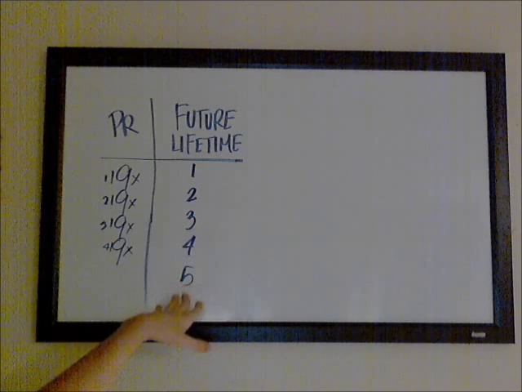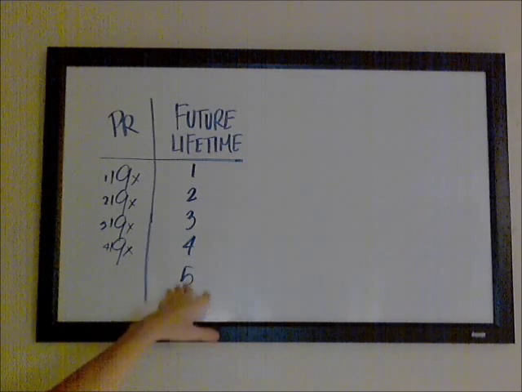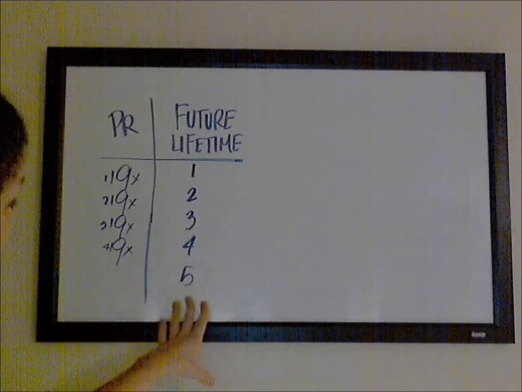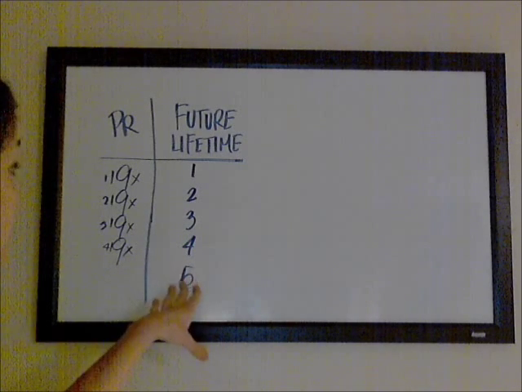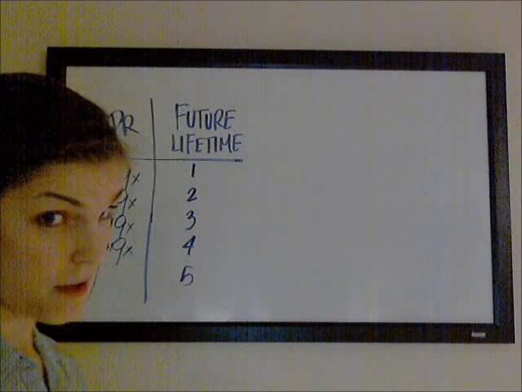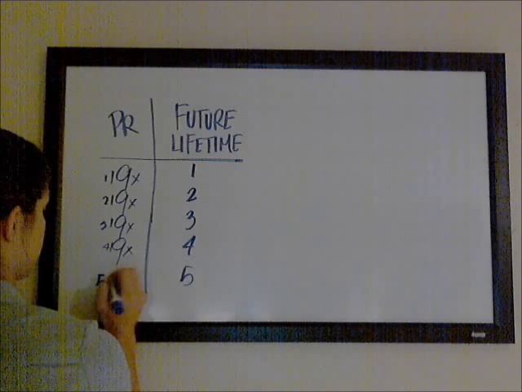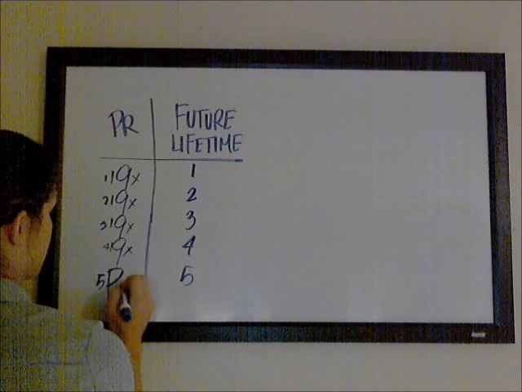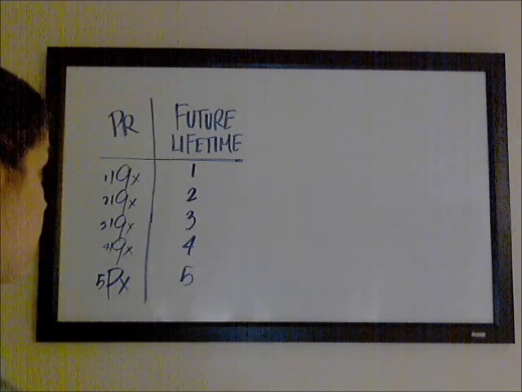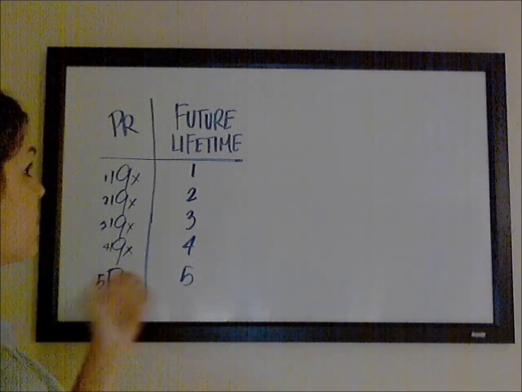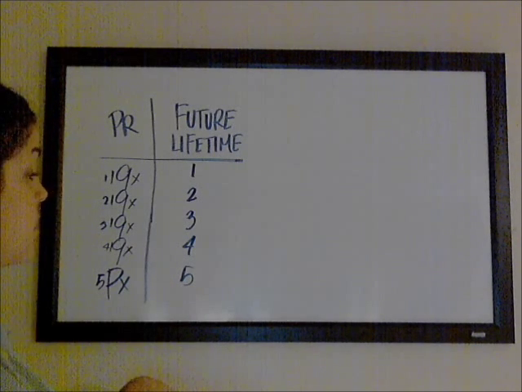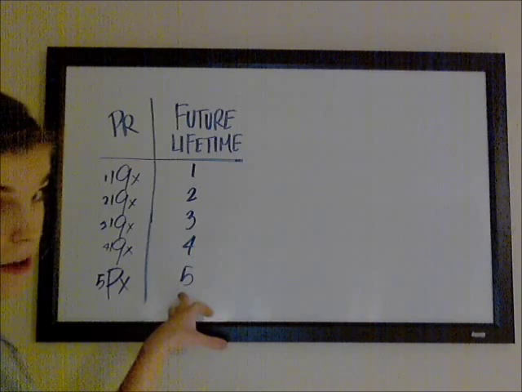Okay, but the probability that your future remaining lifetime is 5 is not just that, because we don't see what happens after 5. So it's actually going to be 5 or anything after 5. Because if you live more than 5 years, we only see a 5.